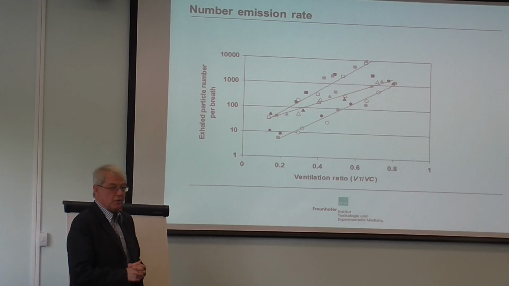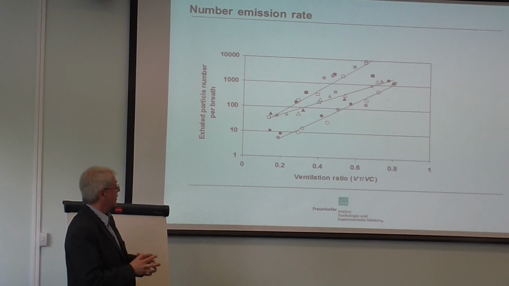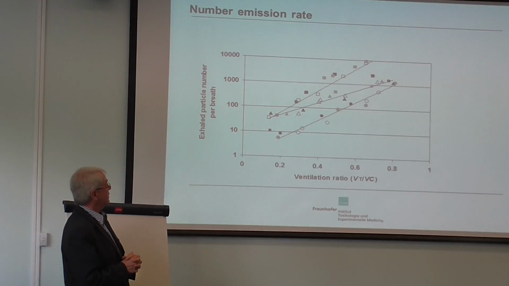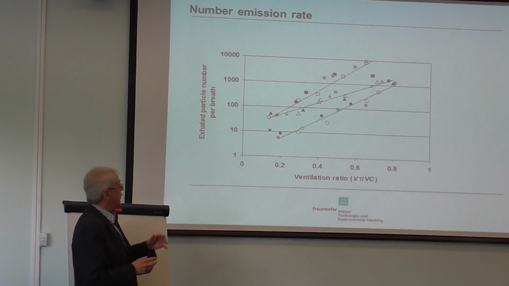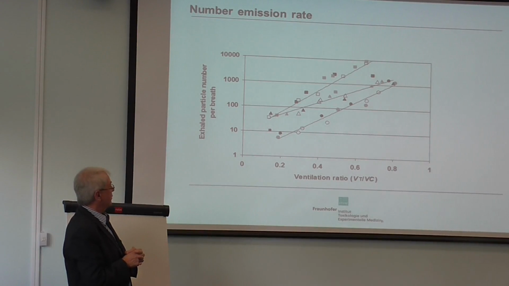And if you do this with different patients and do a more systematic study, as shown here, you see two things. The different symbols are different patients. So the square is a patient, the triangle is a patient, and the circles is a patient. So let's look at the circles. When the patient comes back after a day or two, then he shows the same pattern.